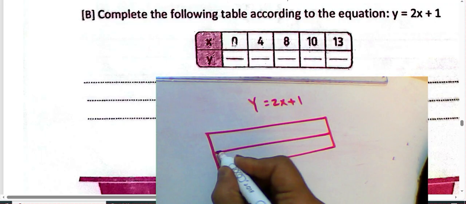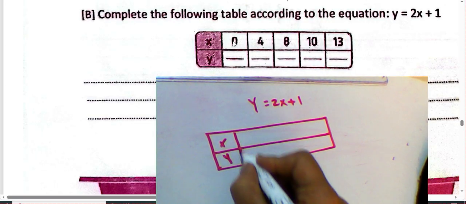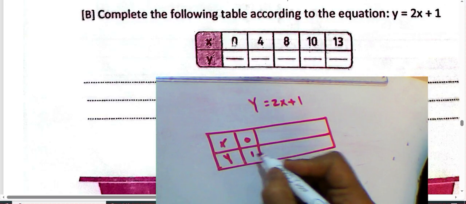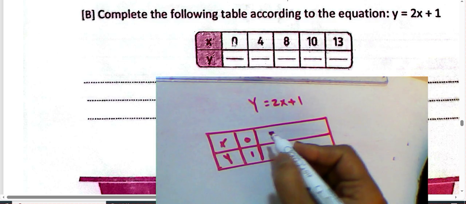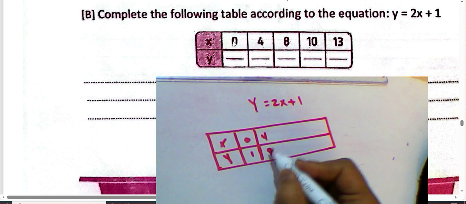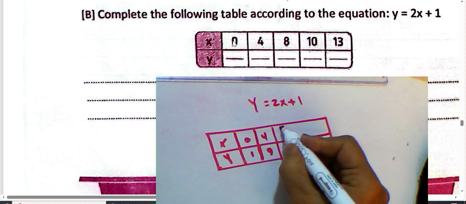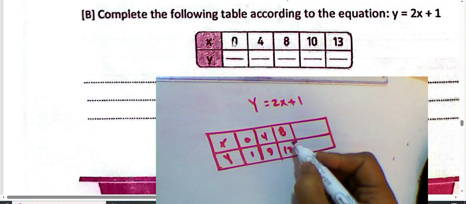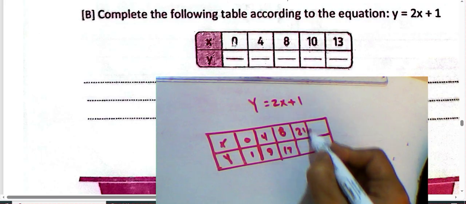Look at here, we have x and the image y. At x equals 0, 0 times 2 is 0, 0 plus 1 equals 1. With the value of x equals 4, 2 times 4, 8 plus 1 is 9. With 8, 2 times 8, 16, 16 plus 1 equals 17. 10 times 2, 20, 20 plus 1 equals 21.